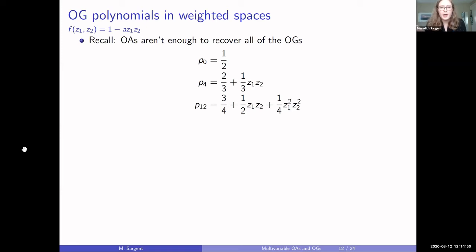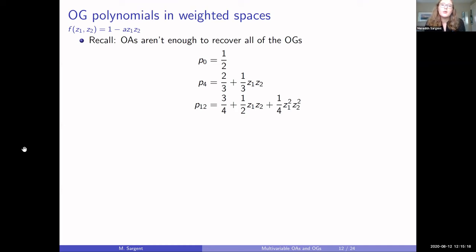This is because we're actually able to show some of these results in more generality. But for the purposes of this talk, we live in the Hardy space of the bidisk, and we're looking at 1 minus z1 z2. So here are our optimal approximants. Remember, they stay the same between 0 and 4 and between 4 and 12, and then until you get up to z1 z2 cubed.